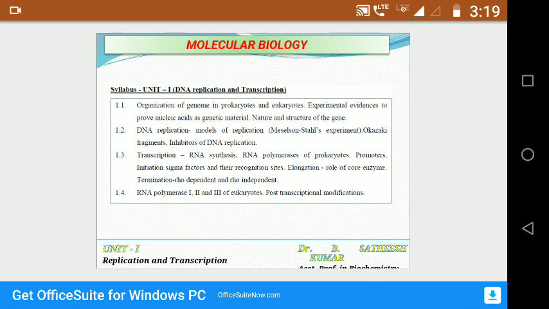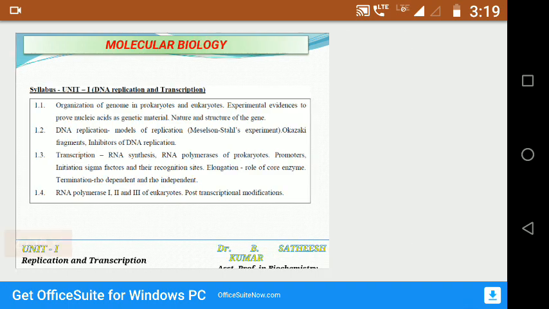These are just basic topics. And the second subtopic is replication, the third subtopic is transcription, and the fourth subtopic is different types of RNA polymerases of eukaryotes and post transcriptional modifications also we will study in this unit.